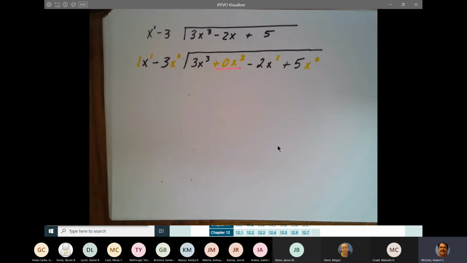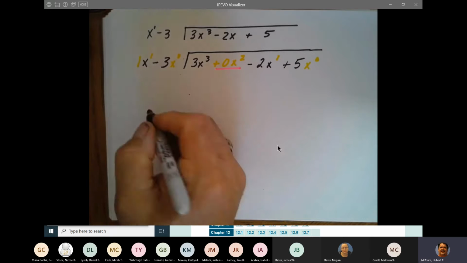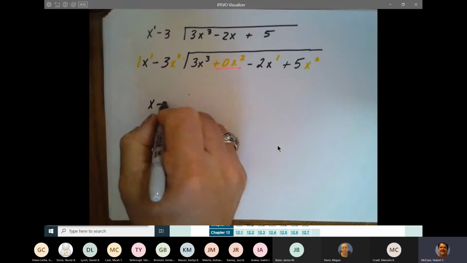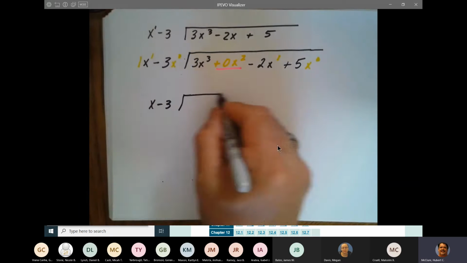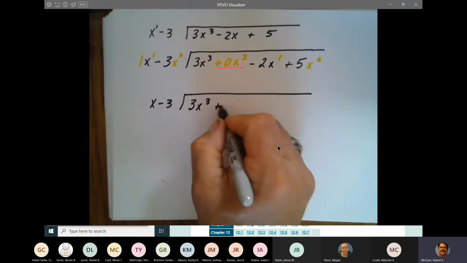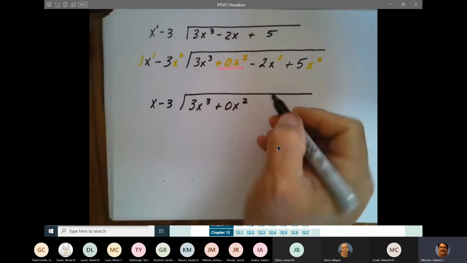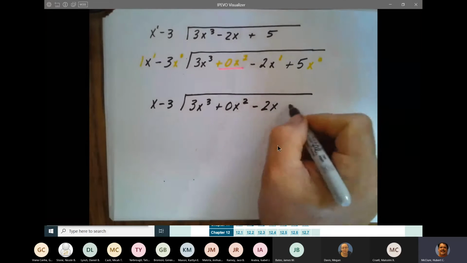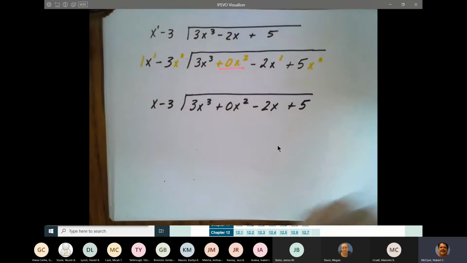So I'm going to rewrite my problem like this. X minus 3 into 3x to the third plus 0x squared minus 2x plus 5. And now I'm ready to do my long division.